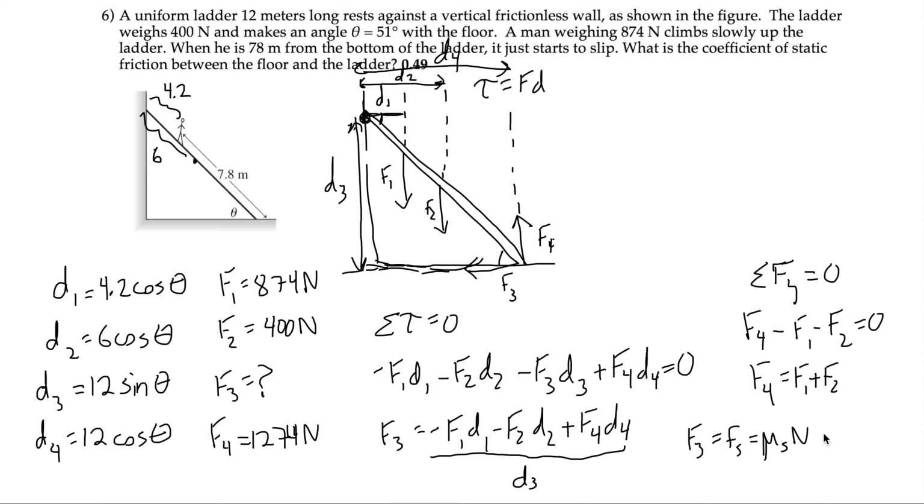So it's equal to mu times F4. And now we can find mu, which is what we're looking for, is just going to be F3 divided by F4. And you should get 0.49 for that coefficient of friction.